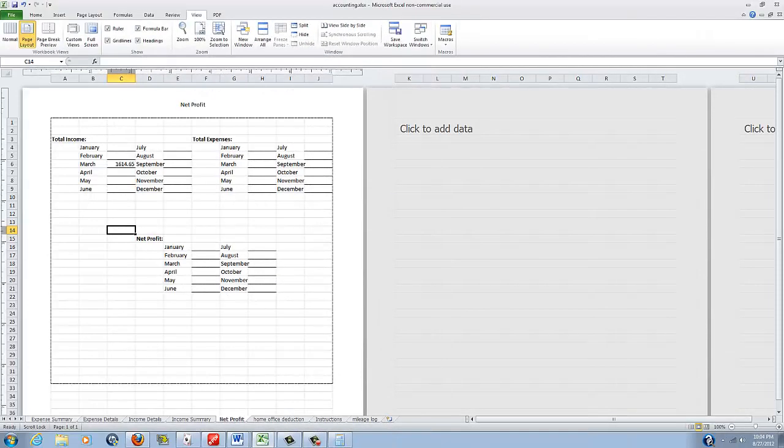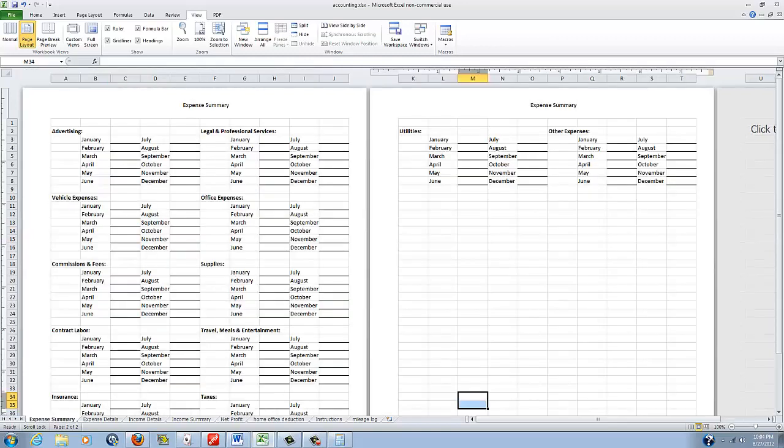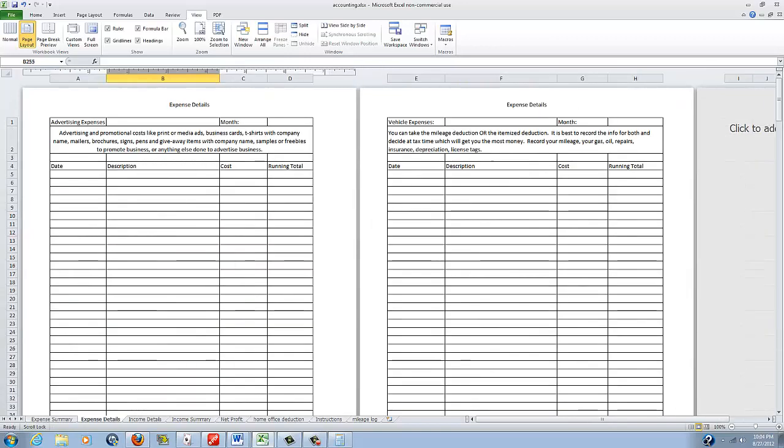In the binder, the next section is going to have the expense summary and then the expense details pages. So we're going to start with the expense details pages so that we can know what to put on our summaries. The first thing that we have is advertising expenses.